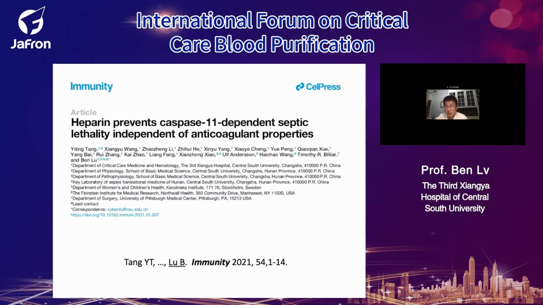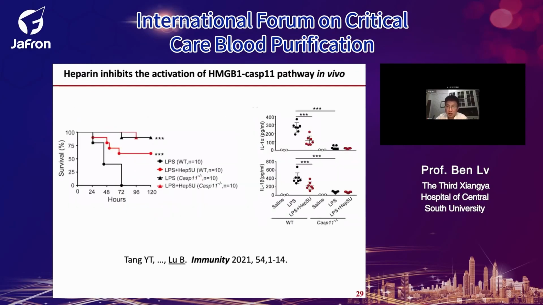Even at a very low dose, heparin can highly effectively inhibit the HMG1 caspase-11 activation and can provide full protection in murine sepsis. You can see with a very low dose of heparin, we only used 5 U per mouse. With this dose, it cannot affect coagulation very much, but the low dose of heparin can inhibit the caspase-11 dependent immune response and also septic shock.